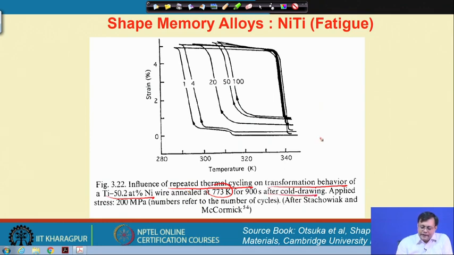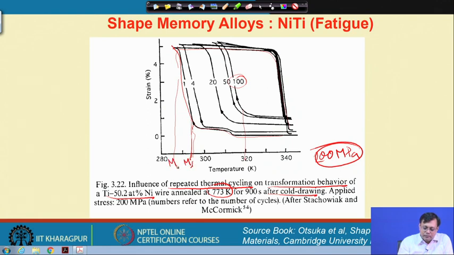Here, at a constant stress level of 200 megapascal, we are looking at how the temperature cycle behaves. In the first cycle you see that it goes here and then we cool it down. So, the transformation temperatures are here. Now, after repetitive cycling up to 100, you see the transformation temperatures change; here it is MS and here it is MF.